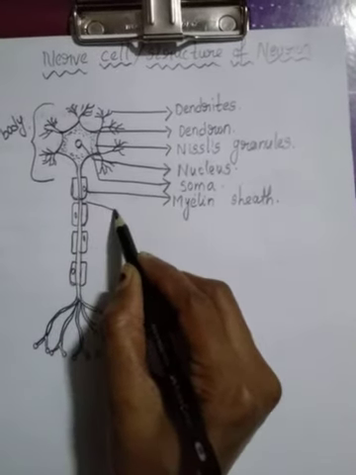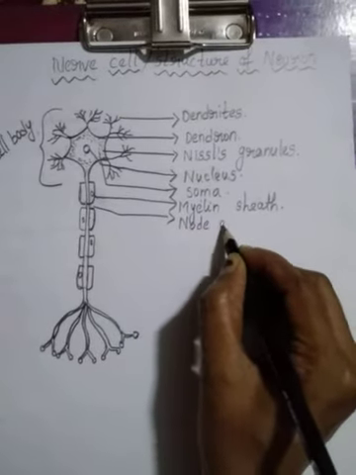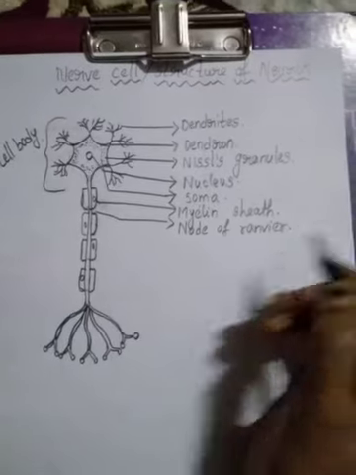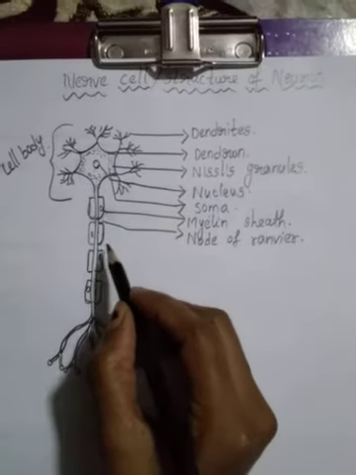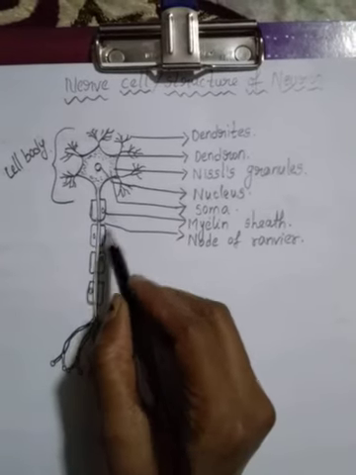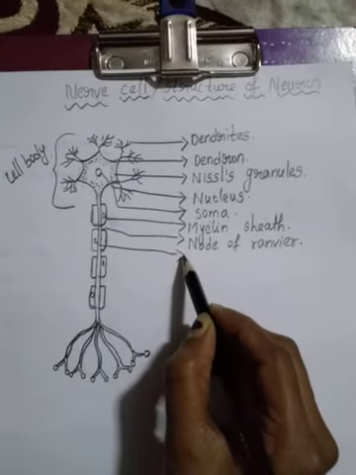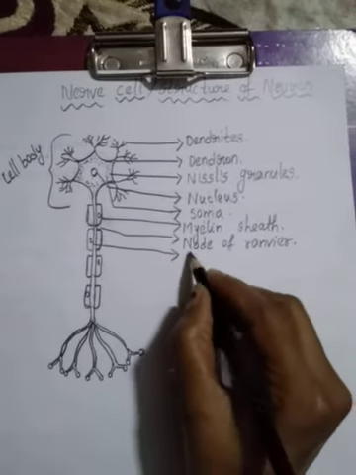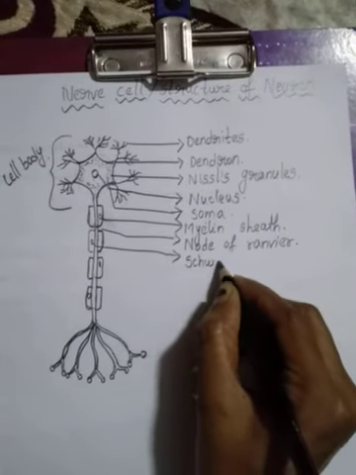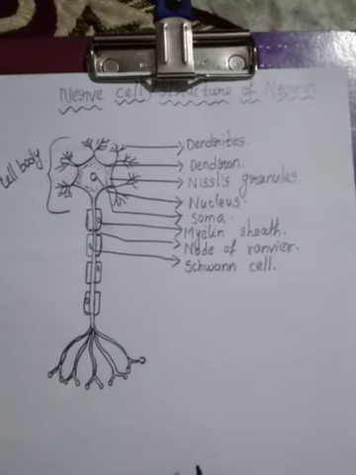This part is called the node of Ranvier. Next, in each myelin sheath part we can see another small structure. That is called the Schwann cell.